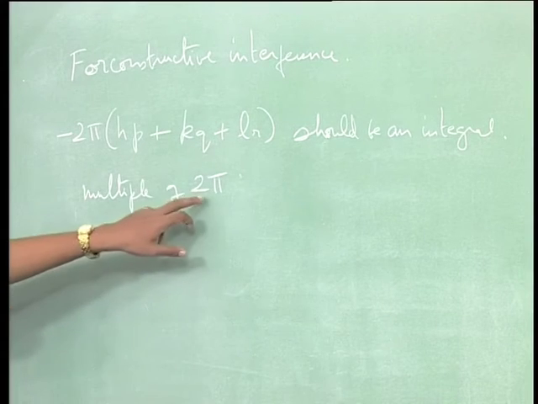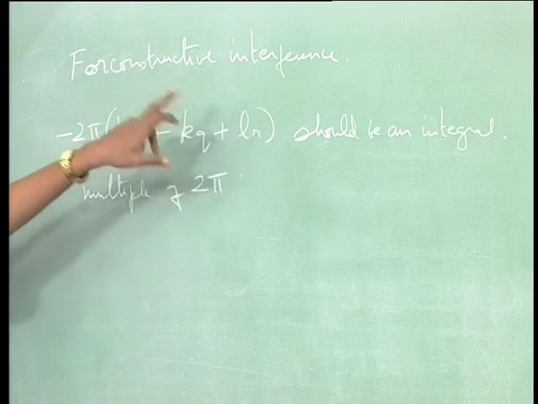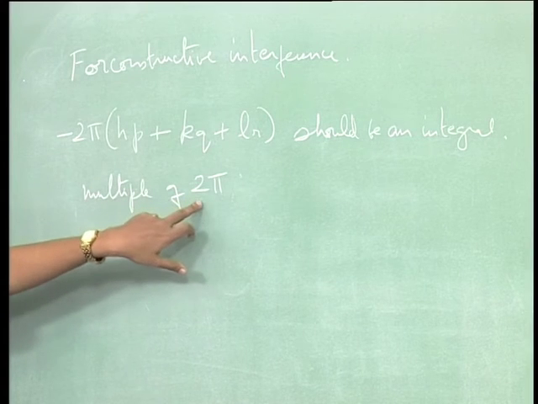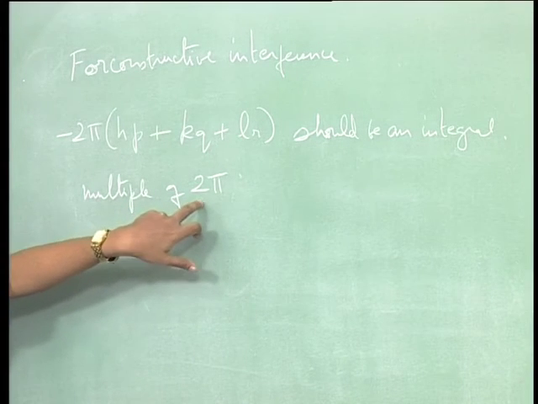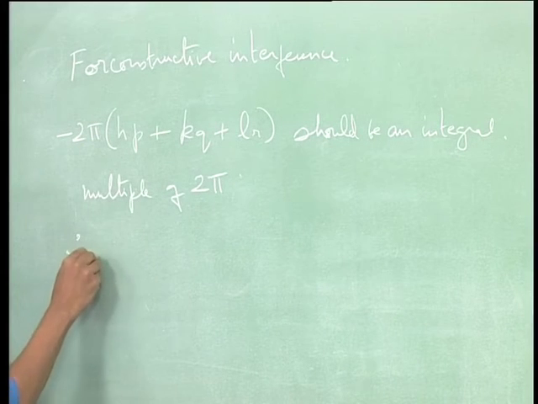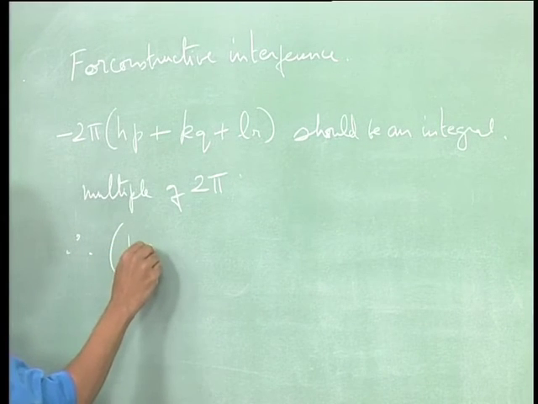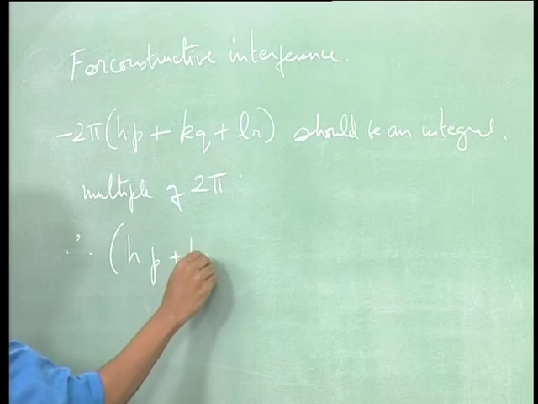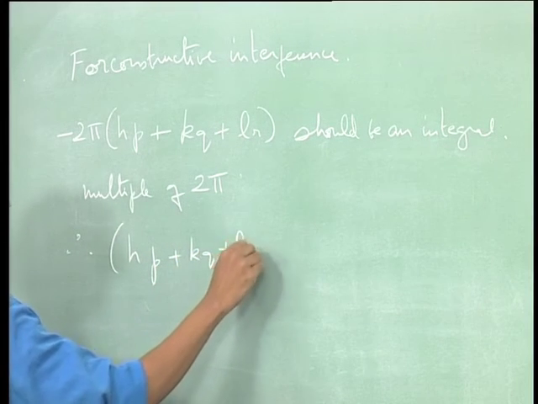Okay, so it has to be an integral multiple of 2 pi, this whole quantity is a phase difference, that has to be an integral multiple of 2 pi for constructive interference. We already have 2 pi here, therefore we are requiring that hp plus kq plus lr should be an integer.